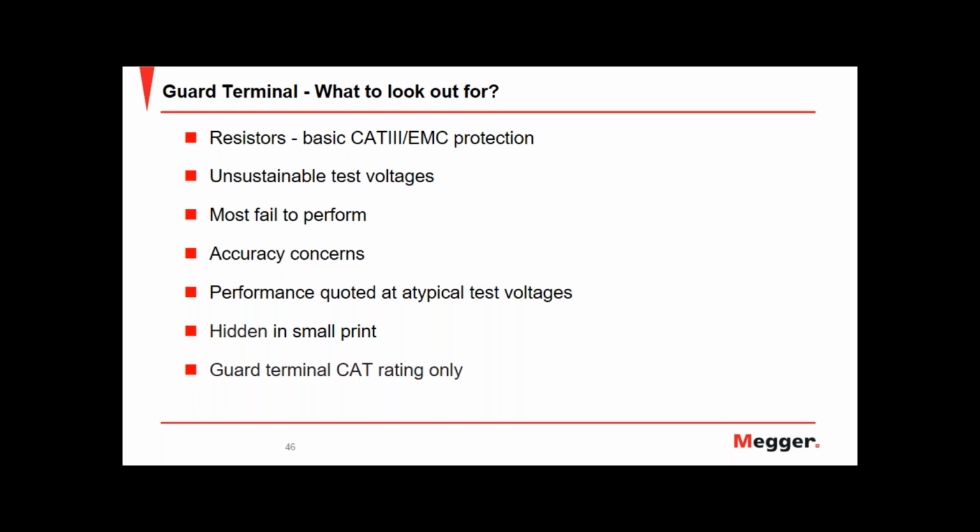So it could be that you're buying a 5 or 10 or 15 kV IR tester, but the performance of the guard terminal is quoted down at 50 volts, which is atypical and unlikely that you'll use that value for a test voltage. Some of this information is hidden in the small print. The manual is the legal document in which you can determine the quality of an instrument.